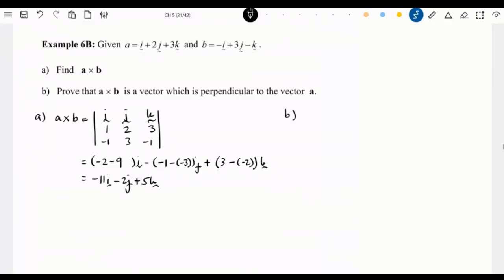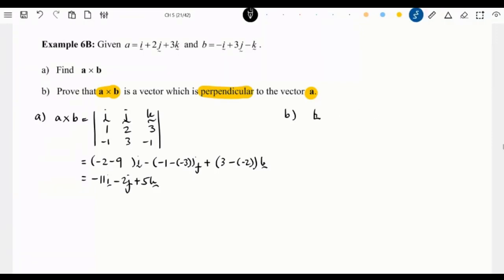Now we have to prove A cross B is perpendicular to the vector A. So bila kita cakap pasal perpendicular, we have the property which is A dot B must be equal to 0. Okay, tapi sekarang ni kita ada A cross B perpendicular to A. So maksudnya yang ini kamu kena tukar.